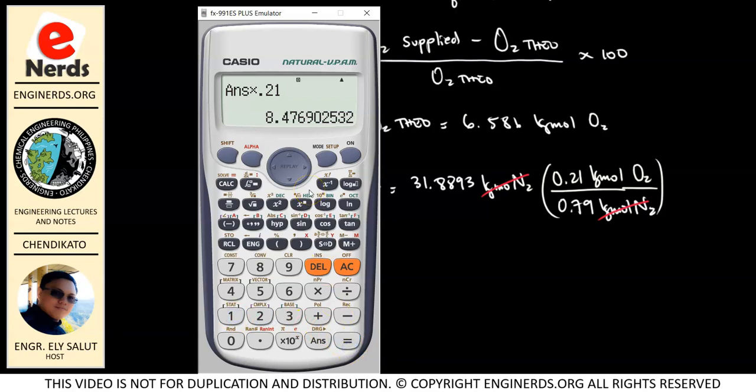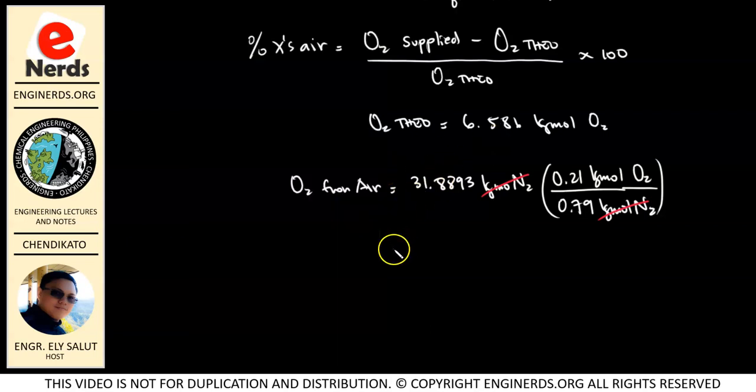So, our O2 from the air is 8.48, no? So, we have 8.48 kilogram mole of O2 from air, no? So, makukuha na natin yung percent excess air.